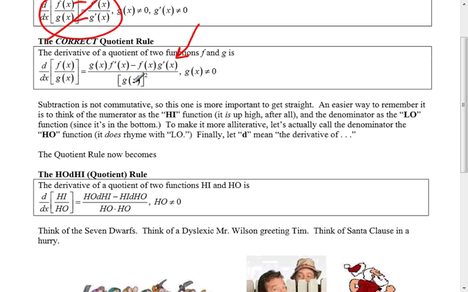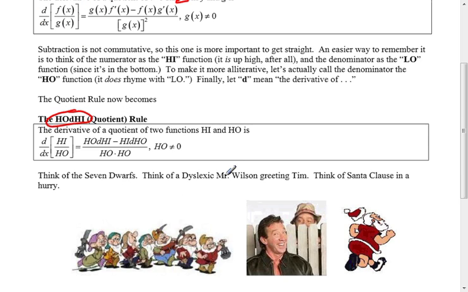And we'll call the bottom the low. Oh, but low's not exciting enough. It won't make a nice song. So we're going to have to call it the ho function. So we're going to take the ho d hi quotient rule. We can think about it as, if you guys even know who this is, a dyslexic Mr. Wilson.